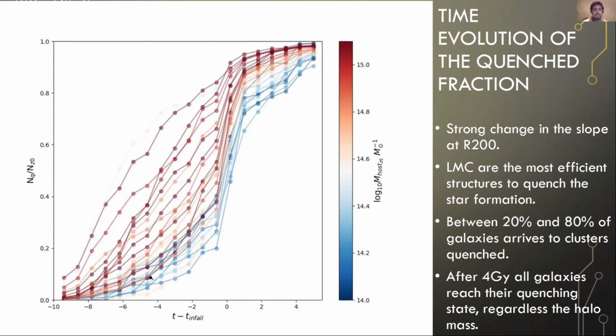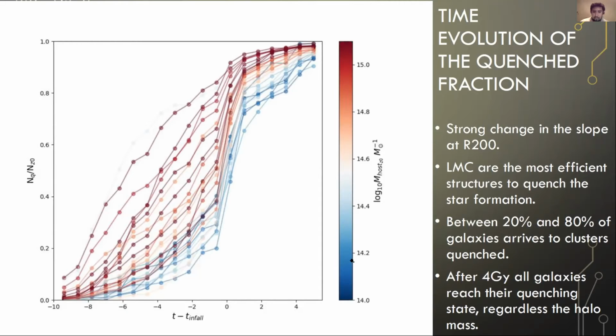Here, negative values stand for the moments of galaxies before their infall to the final clusters, and positive values stand for those moments that the galaxy had already spent inside the cluster. Zero stands for the moment when the galaxy crosses the virial radius of the cluster for the first time. And each line represents one cluster and is color coded by the M200 mass.